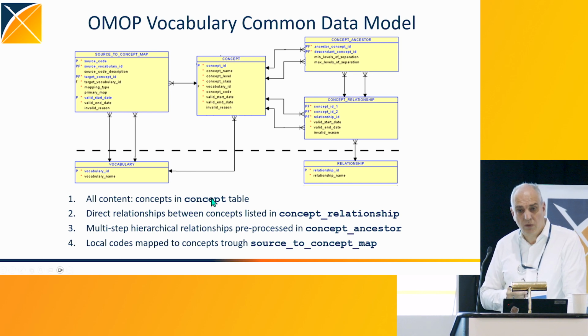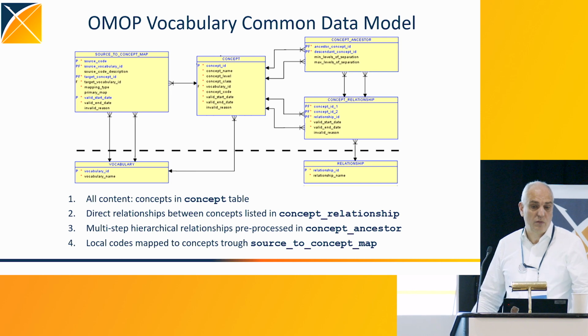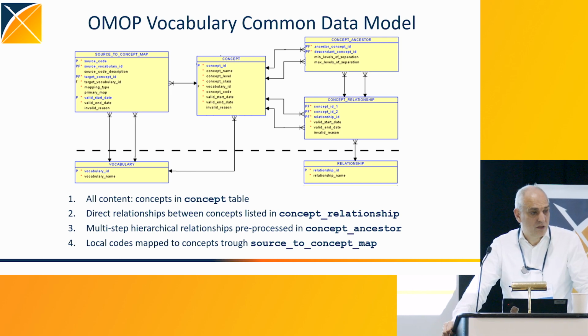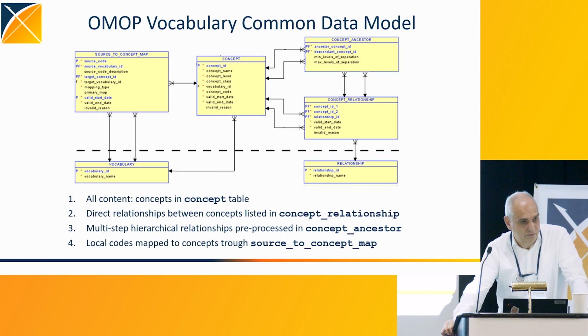Everybody has to have that table. All the other tables come from your data. These are the patient data that you have that go into the other tables. The concept table comes from OHDSI. You must use the concepts that are given to you by OHDSI. Everybody has to have the same concept table.